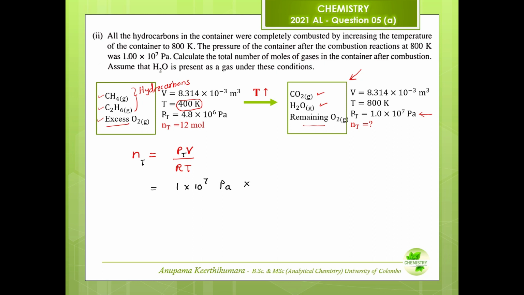Volume is the same because it's a rigid container, 8.314 × 10^-3 cubic meters. Next R is 8.314 joules per Kelvin per mole. Temperature is 800 Kelvin. Now simplify these values. You will get the answer, 12.5 moles.